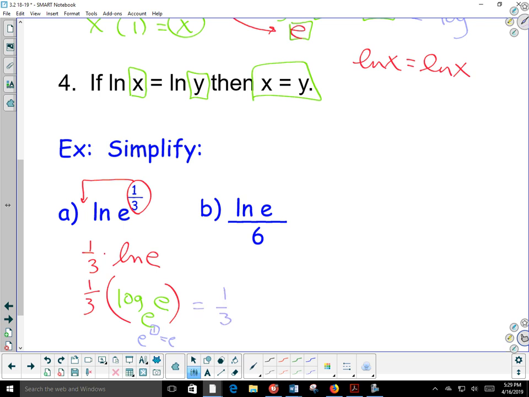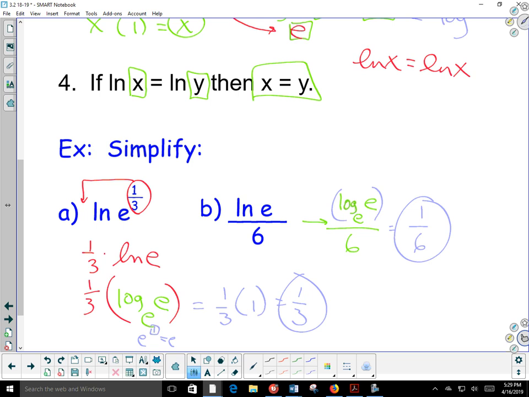So I really have 1/3 times 1, which is 1/3. How about letter B here? I've got ln of e over 6. Well, we know ln of e, that's log to the base e of e divided by 6. But log to the base e of e is equal to 1. So I get 1/6 as my answer here.